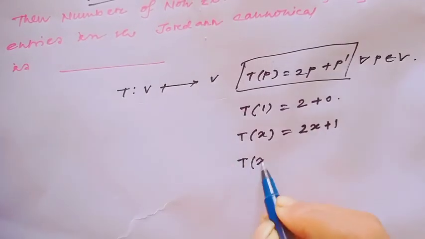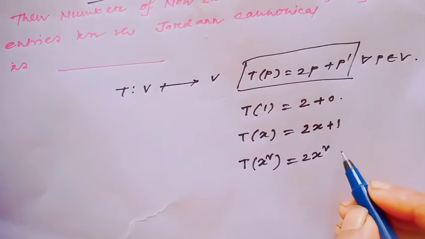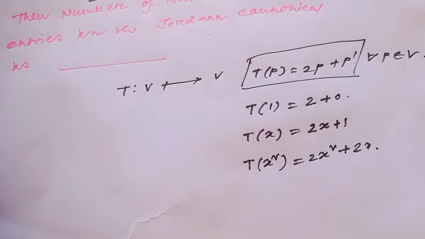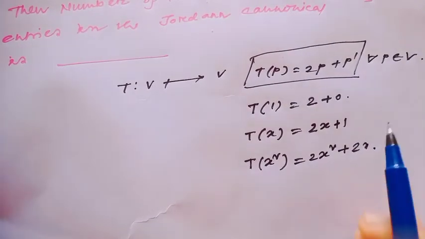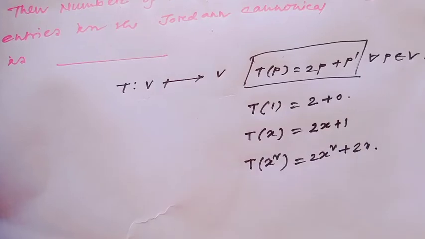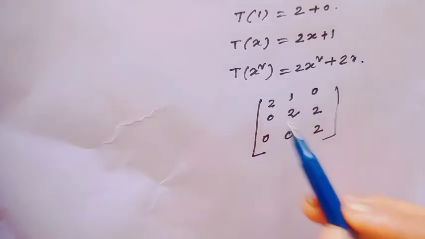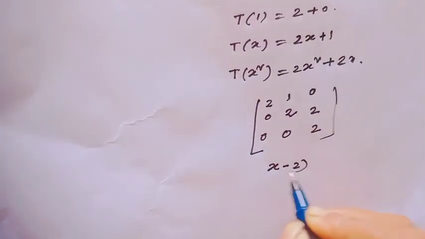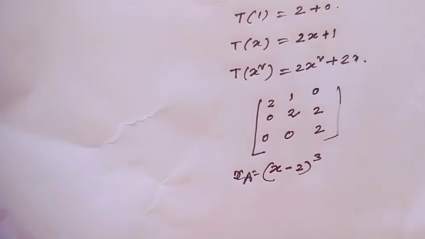T of x square would be 2x square plus 2x. Then the matrix representation with respect to this basis would be this matrix. And since this is an upper triangular matrix, the characteristic polynomial would be x minus 2 whole cube.